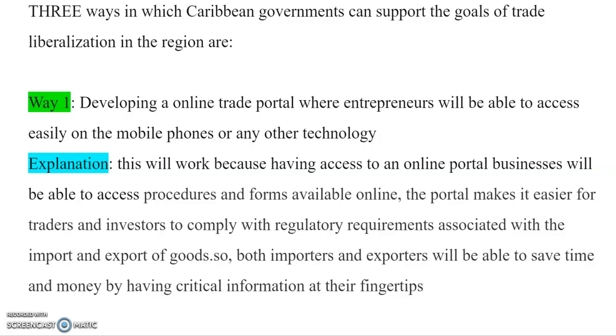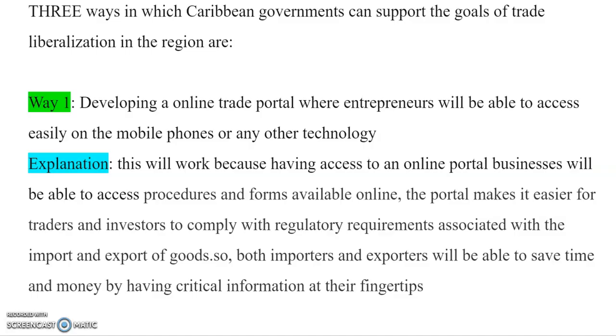So, my explanation, or my justification as to why I believe that this will work, is that having access to an online portal, businesses will be able to access procedures and forms available online. The portal will make it easier for businesses to comply with regulatory requirements associated with the import and export of goods.